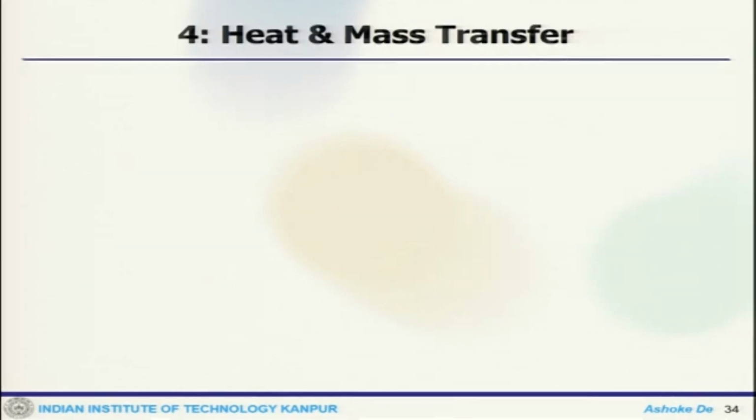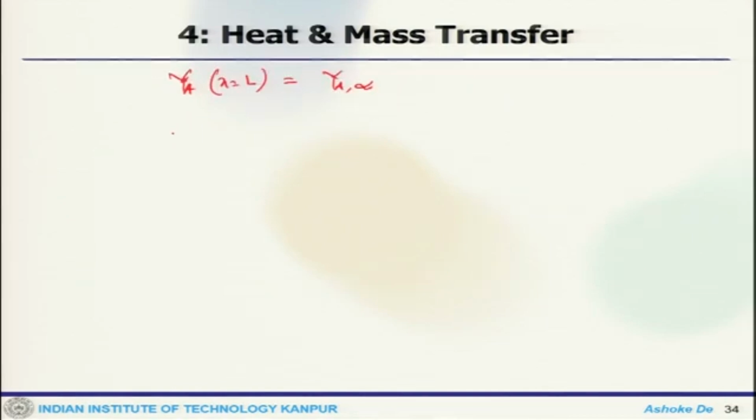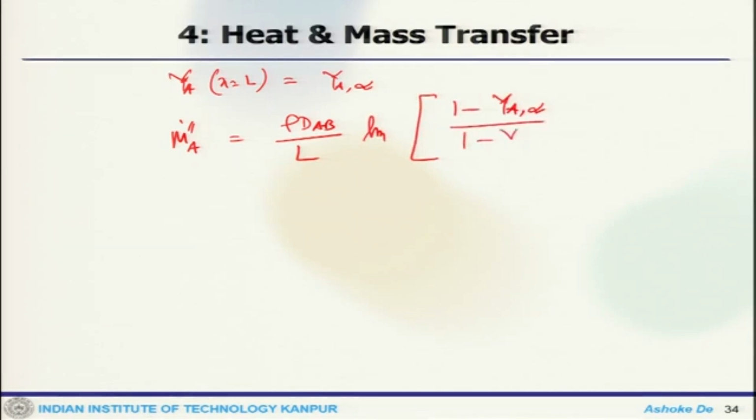Now, for the mass flux of A, we need one more boundary condition, and that we can put at x equals L is y A infinity. So, once you put this in the previous equation, we get m dot A equals rho D A B by L ln of (1 minus y A infinity) by (1 minus y A i), which is 4.40.